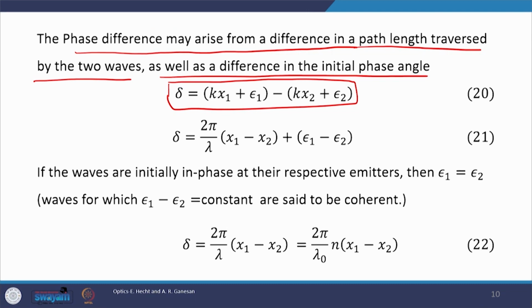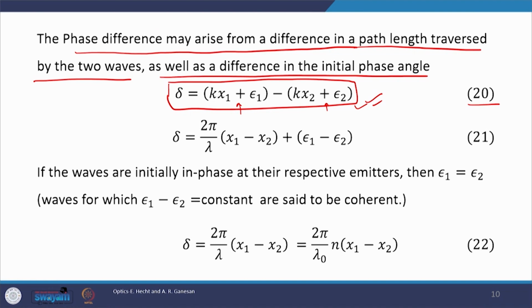It is always measured with respect to some reference value. Whenever we say phase is equal to 0, it means the reference value is 0 and the phase has not evolved from that 0 value. Now, you see here after substitution for alpha 1 and alpha 2, the del, the phase difference between the two waves, takes this form, which is given by expression number 20.